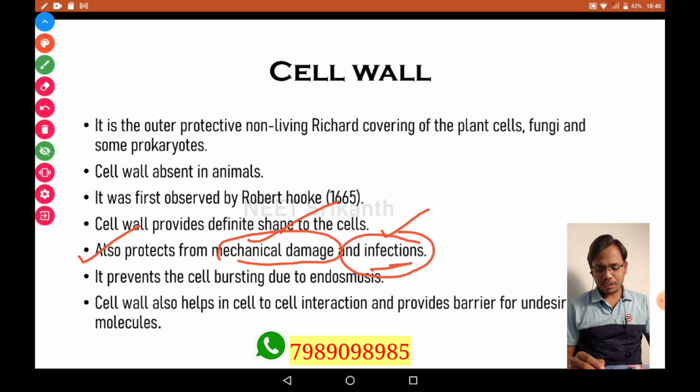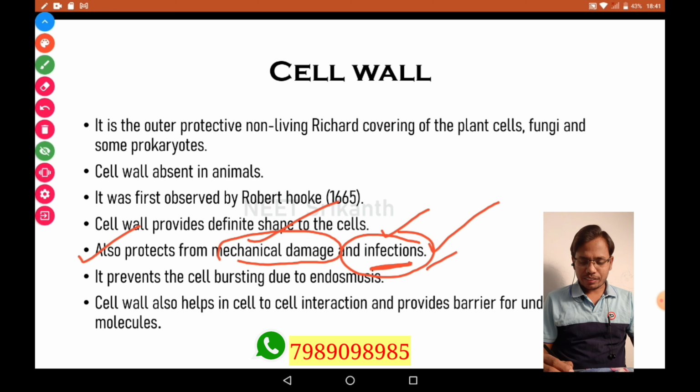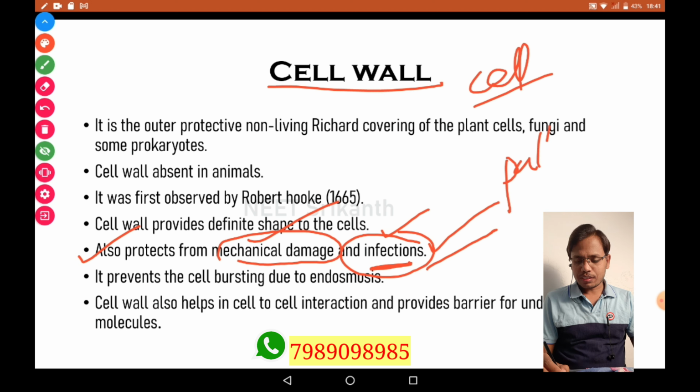What about the infections? For example, you can observe the plant cell. Plant cells are infected by many pathogens. So the cell wall also protects the cells from harmful pathogens.